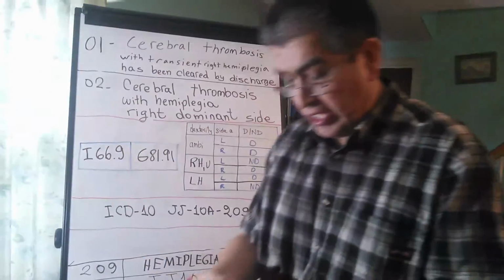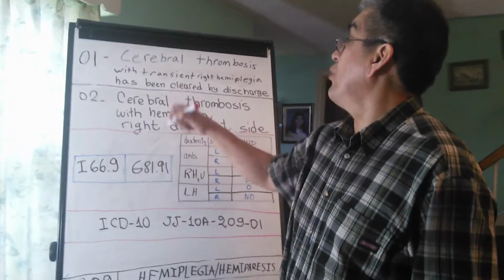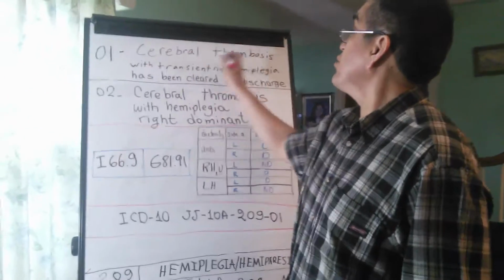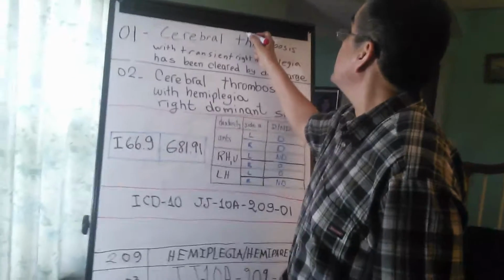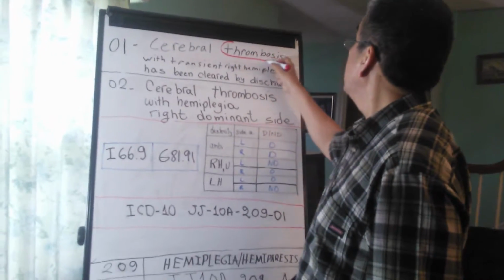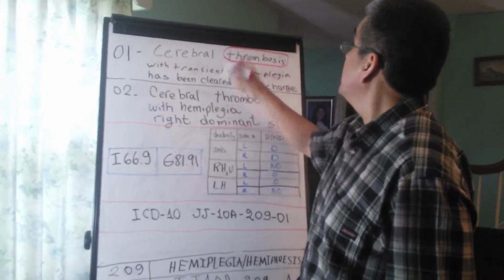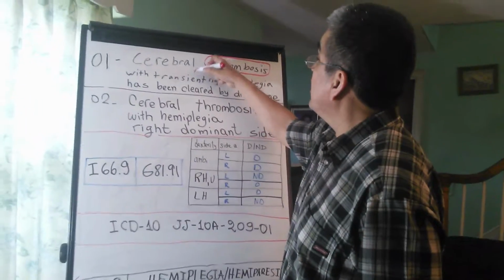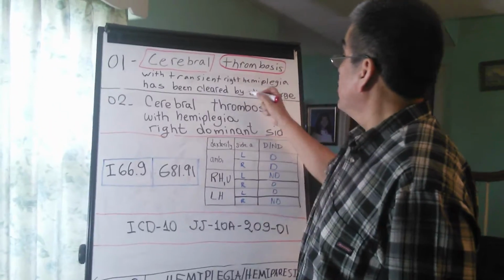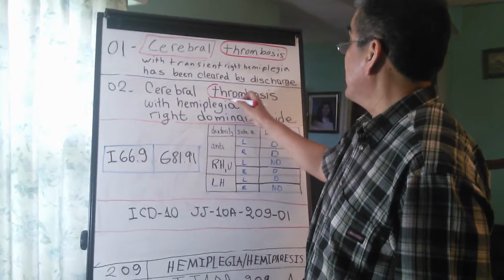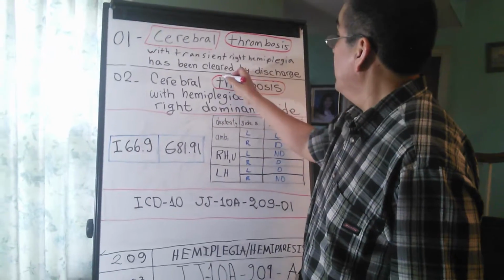Let me make a relationship between both texts. The first two words are the same, cerebral thrombosis, right? Thrombosis is the main condition, and cerebral is the adjective which modifies it, which is exactly the same as in the second one, right?